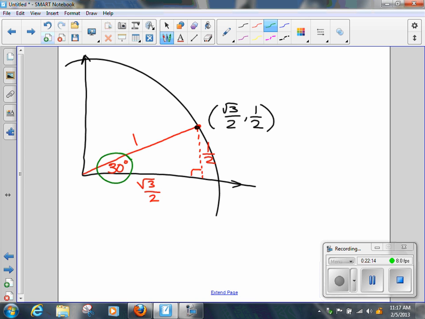The 1 is the what? It's a hypotenuse. It never changes. It's always across from the right angle. What's the next side that I always label? Opposite. Which one's the opposite? 1/2. Because we've already derived that in a 30, 60, 90 triangle, the pattern that we follow, the short leg is 1/2 the hypotenuse.